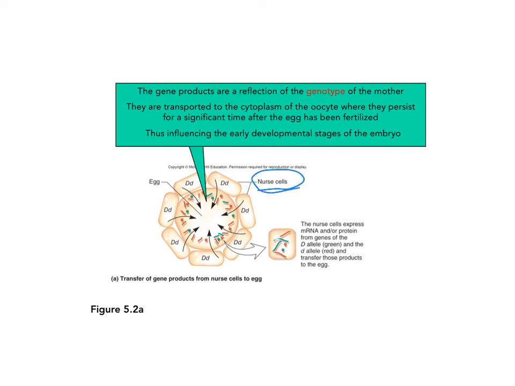They are providing the eggs with nutrients. Since these nurse cells are diploid, in this case heterozygous, the products of both alleles, both the dextral and sinestral proteins, are going to be produced, and that includes messenger RNA, and are going to be given to this egg.